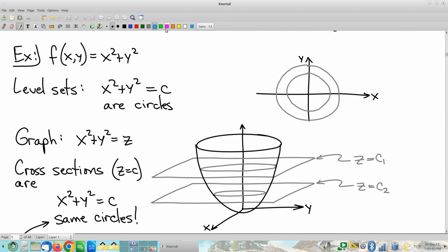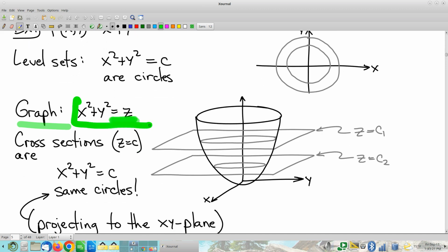Here is a function of two variables. Now we haven't talked this through yet, but we will momentarily, as to what the graph looks like. The graph, again, is what you get by setting it equal to a new variable z. This equation right here, I claim, is the equation of kind of a bowl, and we'll talk more about that in a couple minutes.